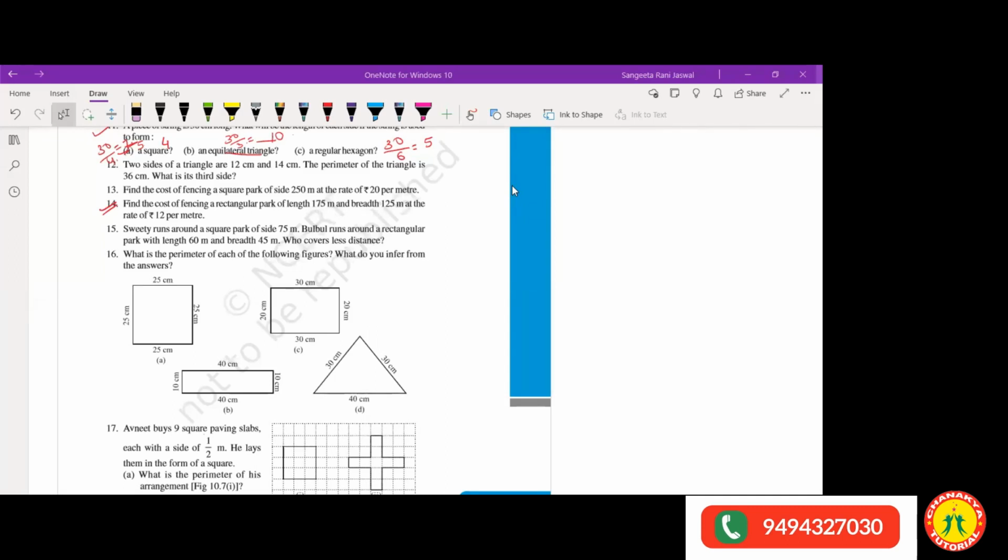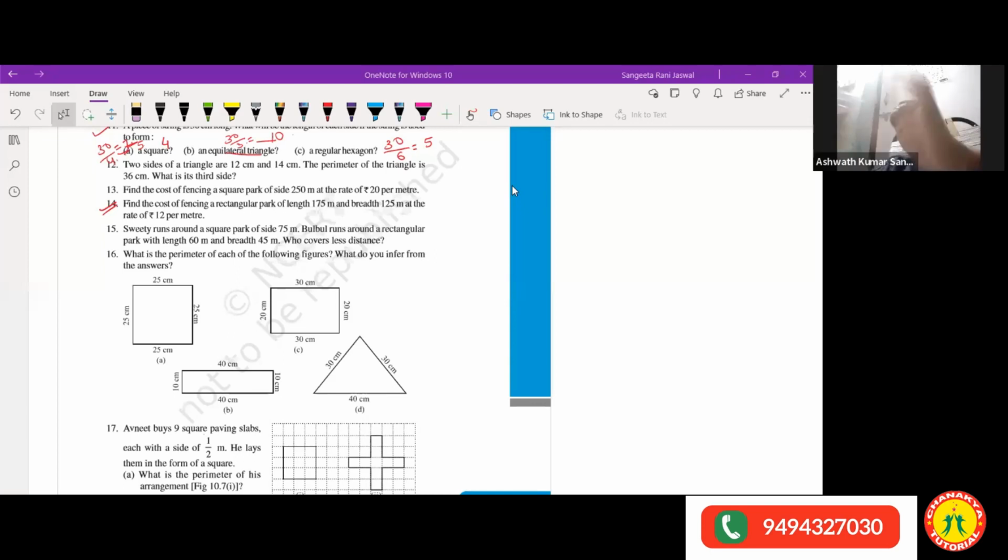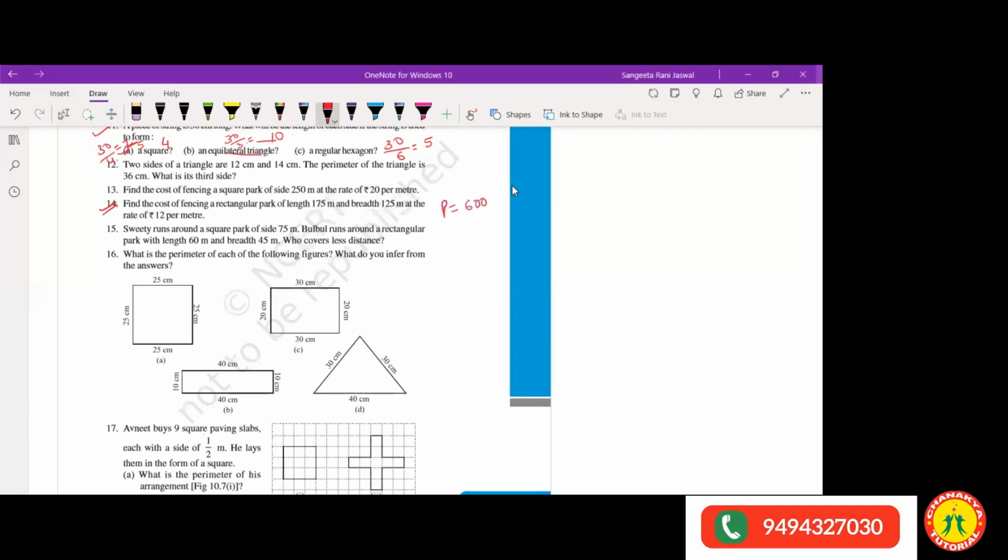Done? Okay, tell me what is the perimeter coming? Ma'am, 600 meters. Perimeter is 600 meters. Okay, then find the cost of fencing. Now, cost of fencing per meter is 12 rupees.